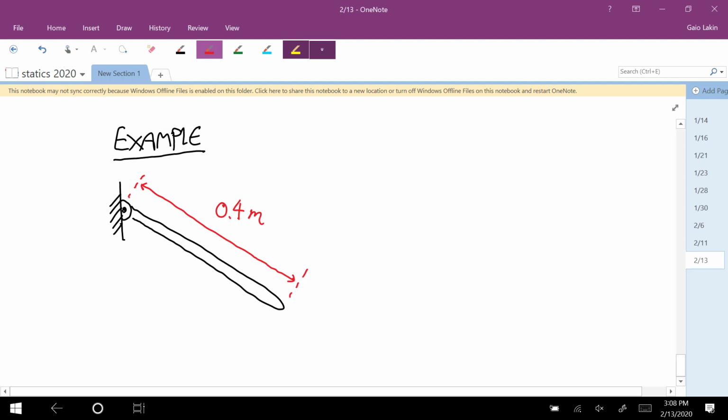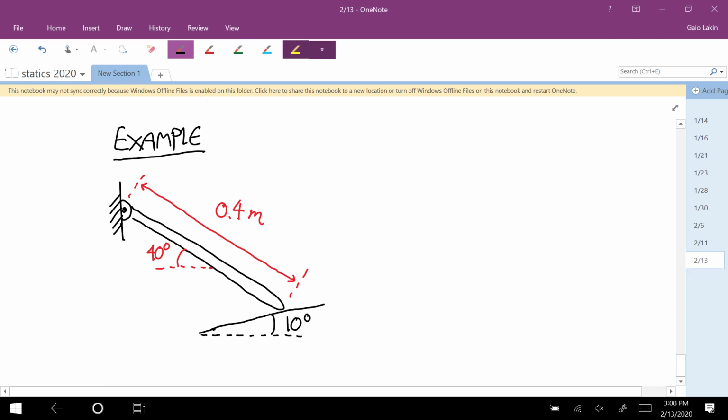And the beam makes an angle of 40 degrees with the horizontal. And then this end is in contact with an incline that's at an angle of 10 degrees with the horizontal.